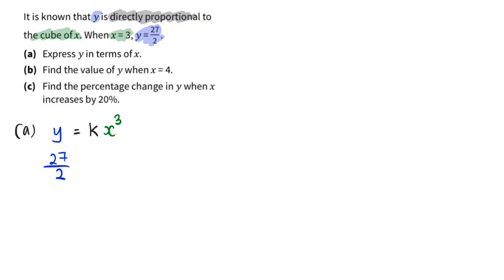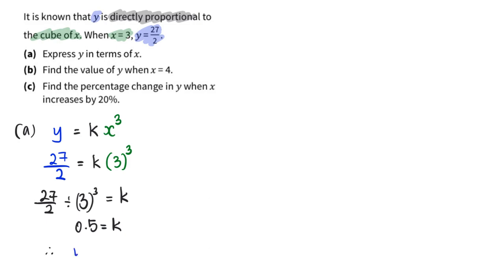So I just have to substitute in. I'm going to have 27 over 2 divided by 3 power 3. That will give me the value of k. And k will be equals to 0.5. So therefore, the answer would be y is equal to 0.5 of x power 3.